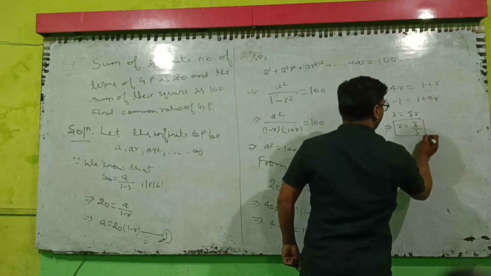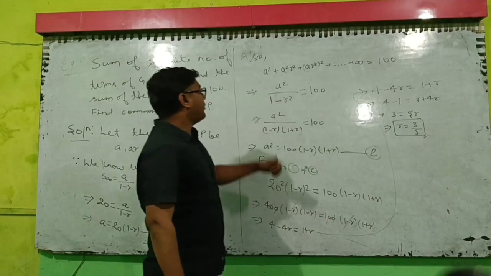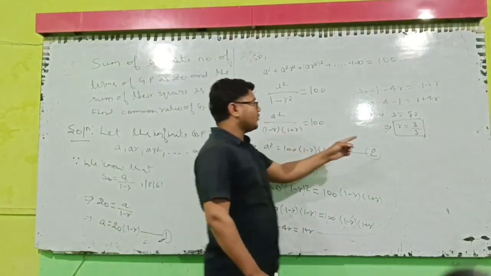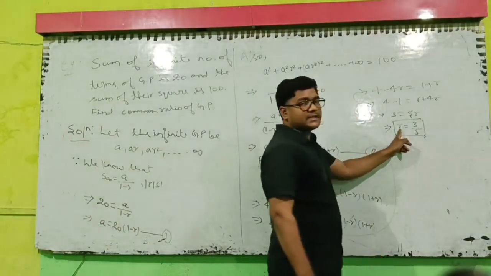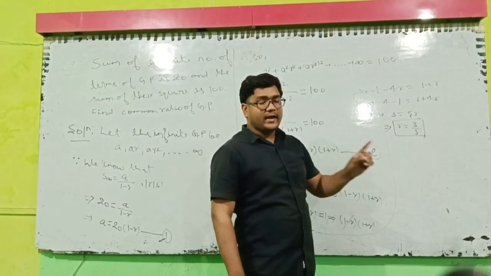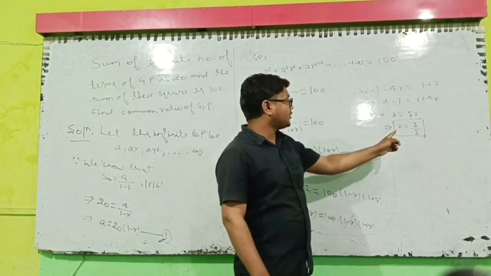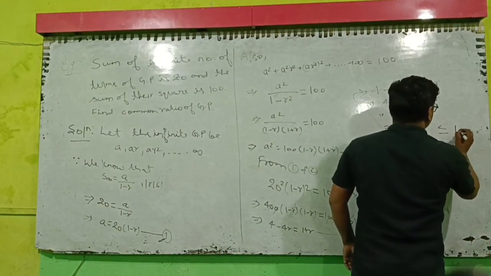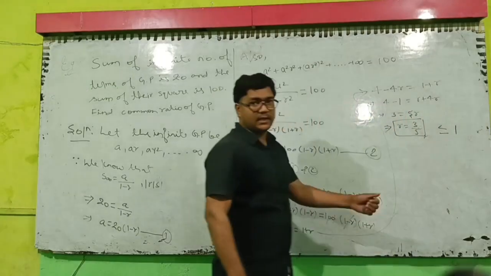This is the required common ratio of the infinite geometric series, whose condition is that the r value is always greater than or equal to minus 1 and less than or equal to 1. So this is the required common ratio.